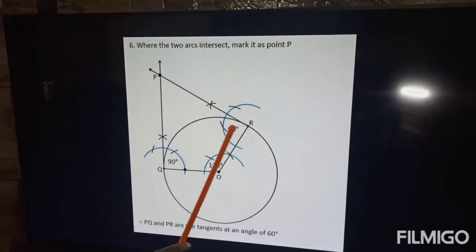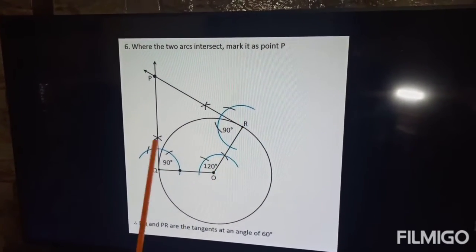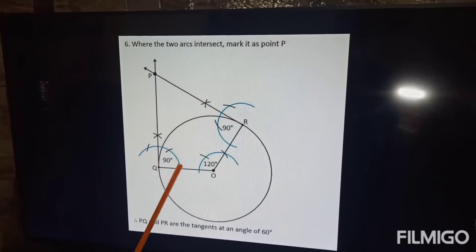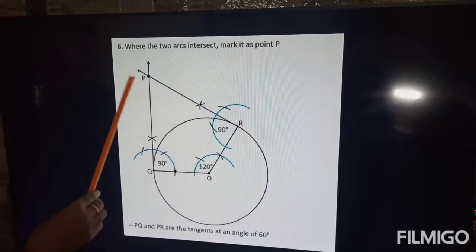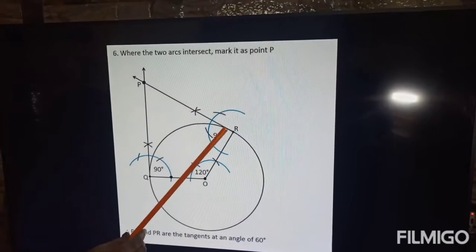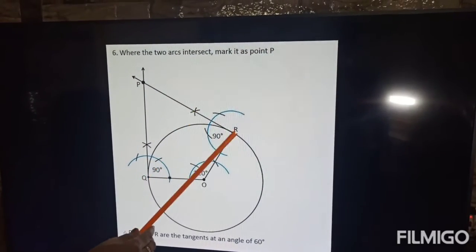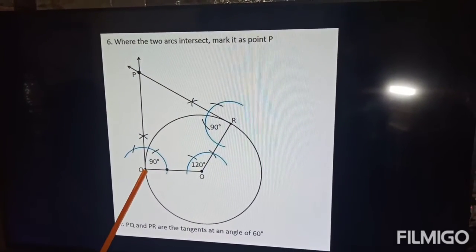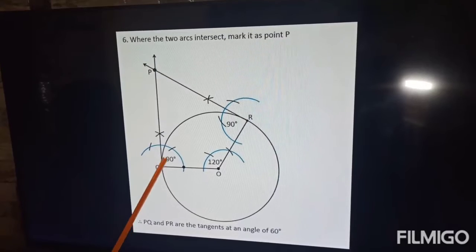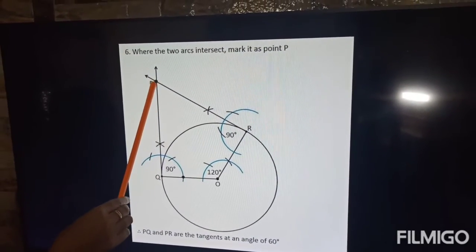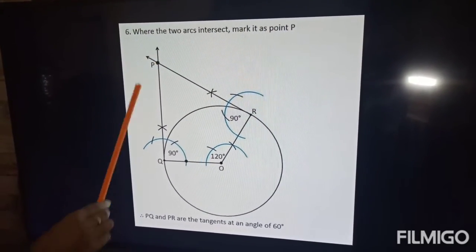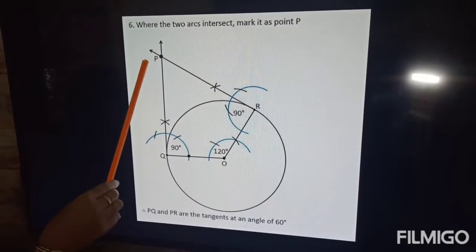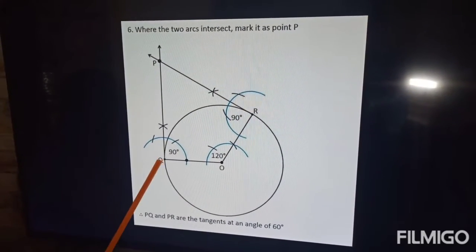At Q and at R, both sides you have drawn perpendicular lines. Then join and produce both lines, both are intersecting at the P. Now we got the tangents PR and PQ.